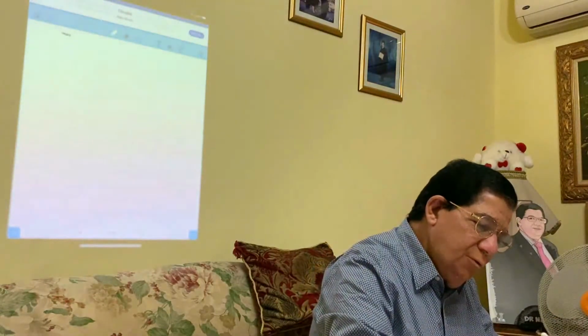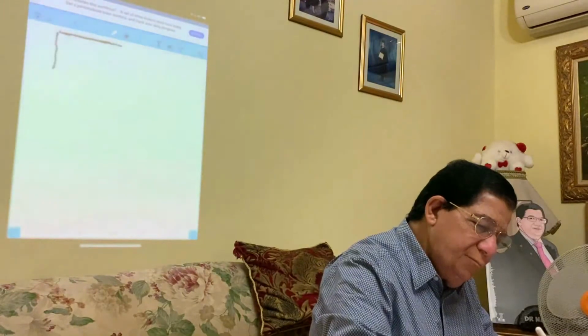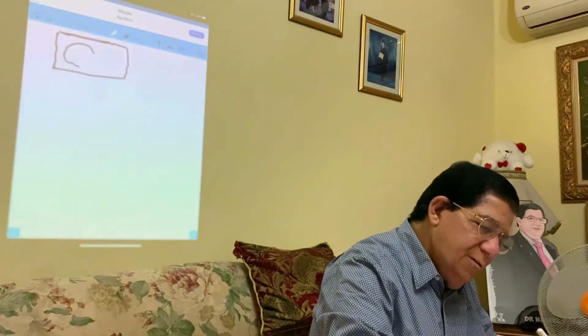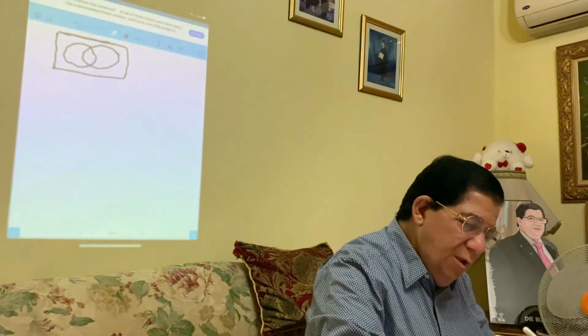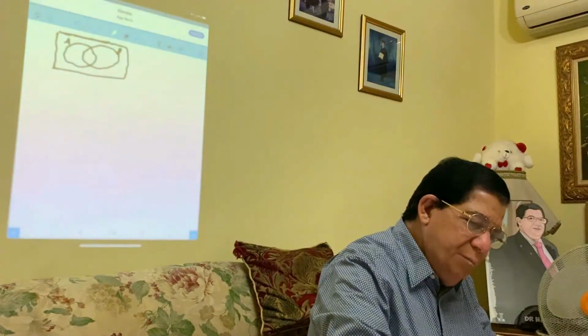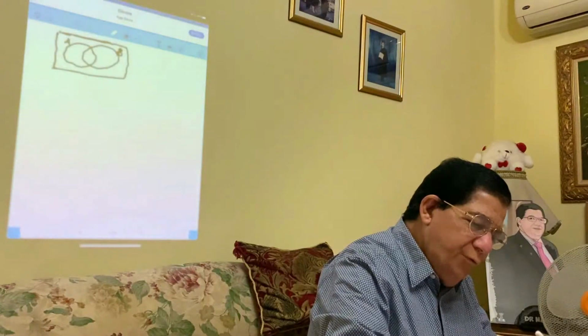Now we draw the Venn diagram. This is set A and set B, our event A, event B. This is 0.4.